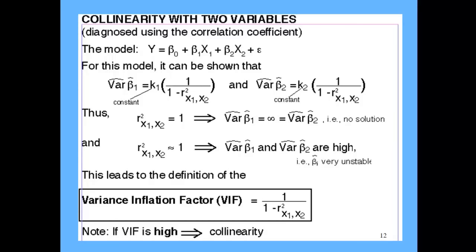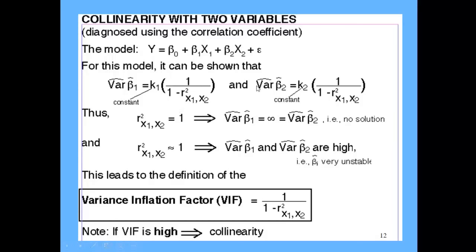Now, you may have learned this last semester, but if you do a little math, you can show that when you fit this model to get estimates of beta naught, beta 1, and beta 2, beta 1 hat, beta 2 hat, one could show mathematically that the estimated variance, which measures precision or stability of the estimate, of beta 1 hat is some constant times the formula 1 over 1 minus r squared, which is the square of the correlation between x1 and x2.